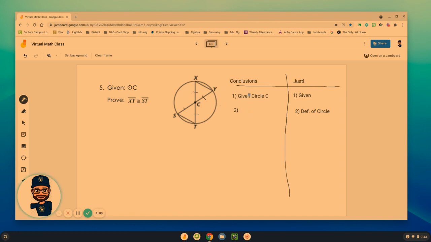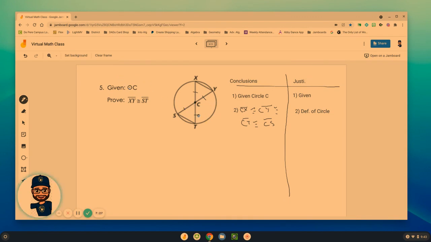And so right here, we can say that CX is congruent to CY, which is also congruent to CT, which is also congruent to CS. And that was all because of the definition of a circle. Now, again, the hint is that they're telling us it's a circle, so we should use that.